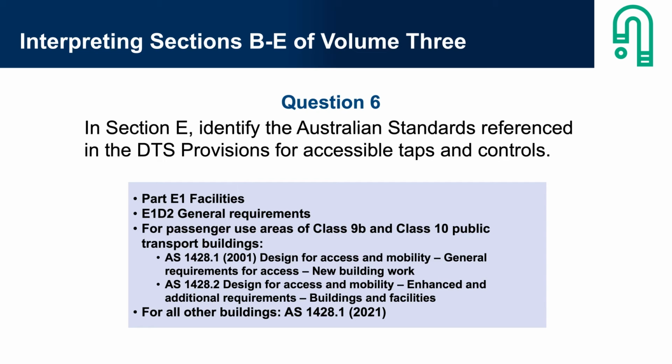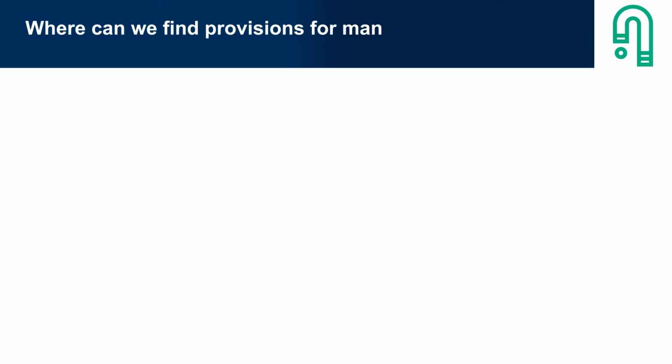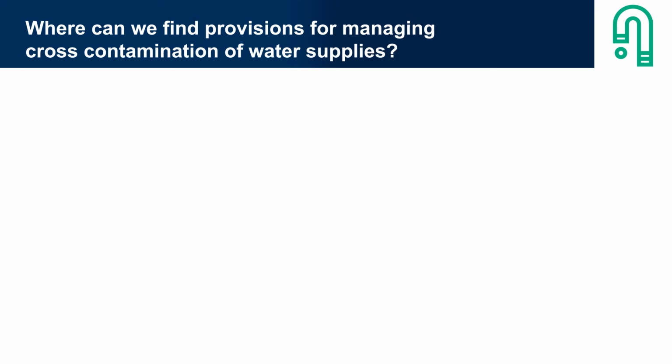AS 1428.2, Design for Access and Mobility, Enhanced and Additional Requirements, Buildings and Facilities. For all other buildings, AS 1428.1, 2021.